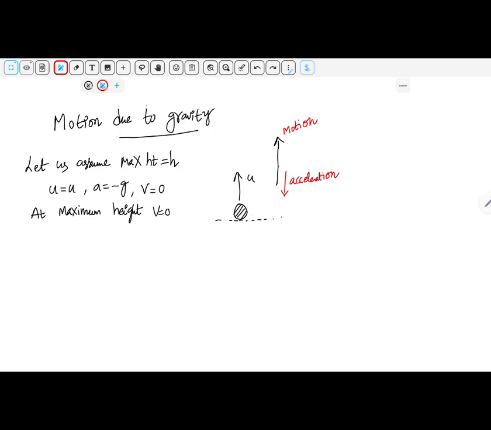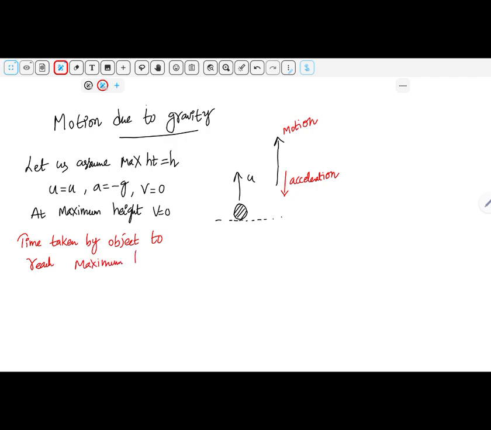So what I want to find is the time taken by the object to reach maximum height.